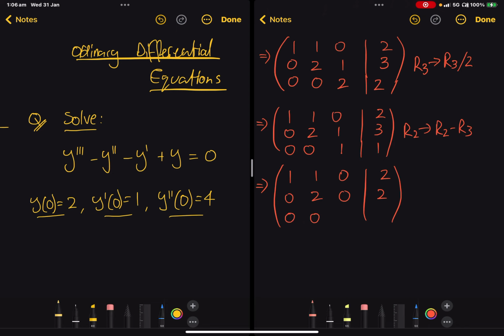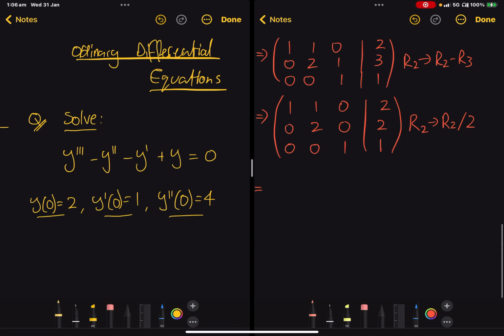So 0, 0, 1, 1. Now the new row 2 is going to become the old row 2 divided by 2. So now we have a new matrix, 1, 1, 0, 2, 0, 1, 0, 1, 0, 0, 1, 1.